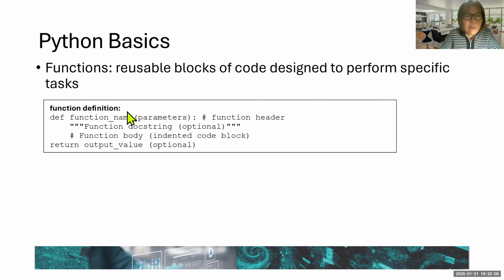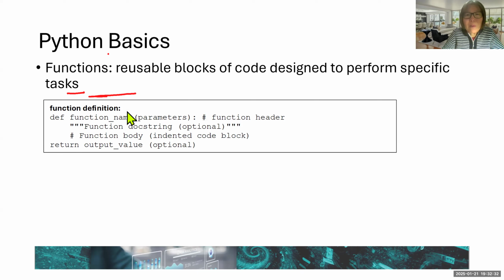Okay, next is also an important concept in programming language: function. Function is quite useful. The purpose of a function is to provide code reusability. It's a reusable block of code, because sometimes some tasks you may use multiple times.